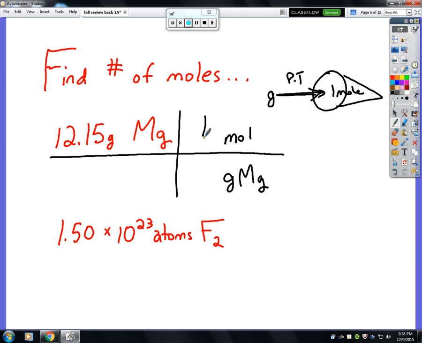I'm on a mole map, I put the number 1. In Mg's box on the periodic table, I see 24.31 grams. When I do my math, 12.15 times 1 divided by 24.31, I get 0.499 moles of Mg.